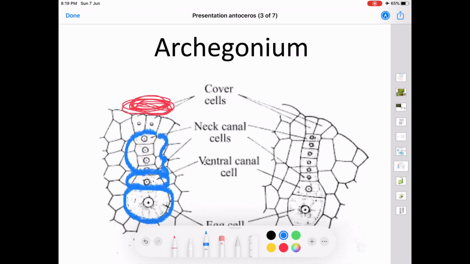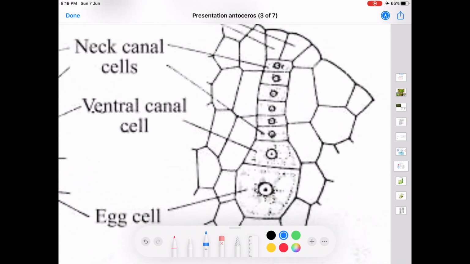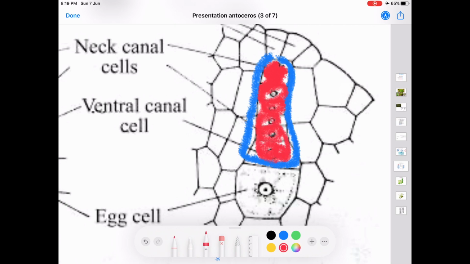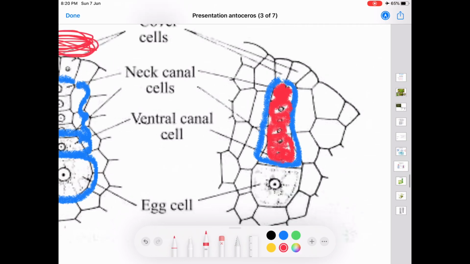In mature archegonium, the neck canal cell and the ventral canal cell disintegrate and form a mucilaginous mass. It absorbs water, swells up and comes out of the archegonial neck by pushing the cover cell.